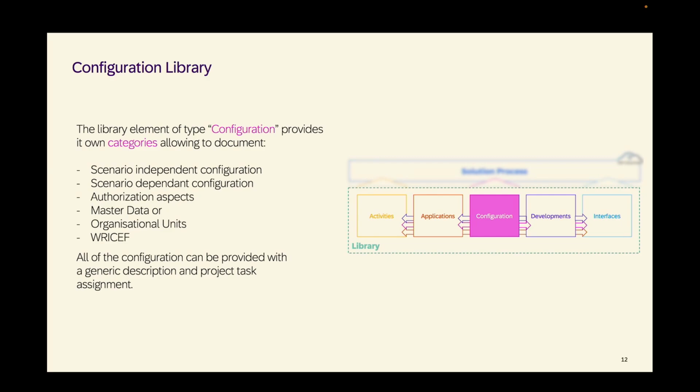Did I say twice the same? Independent, dependent, so follow me. Authorization aspects, quite important stuff. Master data, organizational units, all that are already available categories which you can use in SAP Cloud ALM out of the box.